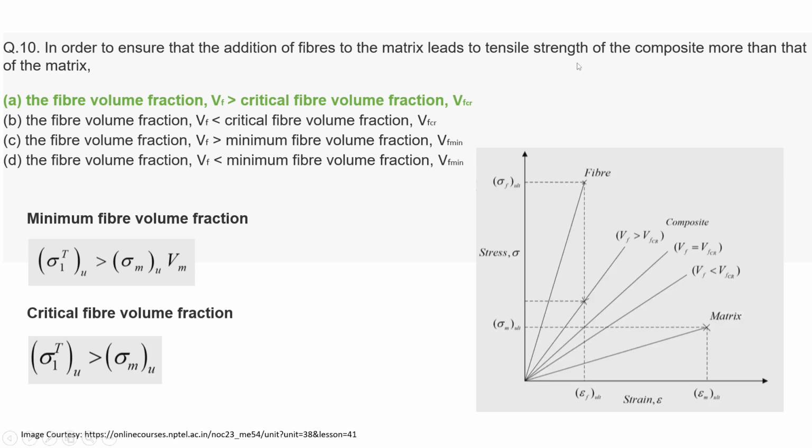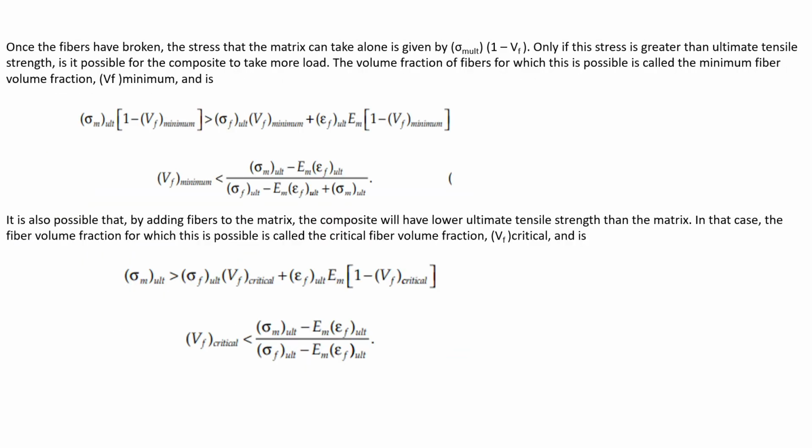To ensure that the addition of fibers to the matrix leads to tensile strength of the composite more than the matrix, for that condition we have to consider the critical fiber volume fraction. As per the definition of critical fiber volume fraction, by adding the fiber to the matrix, the composite will have a lower ultimate tensile strength than the matrix. At that time, we considered the critical fiber volume fraction.